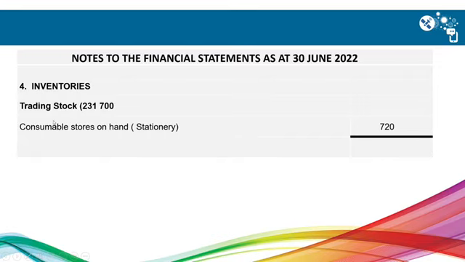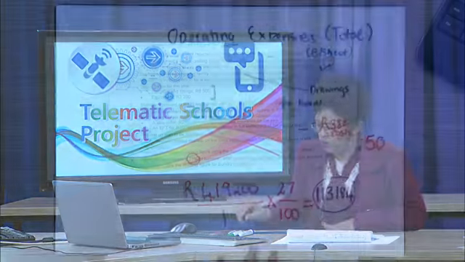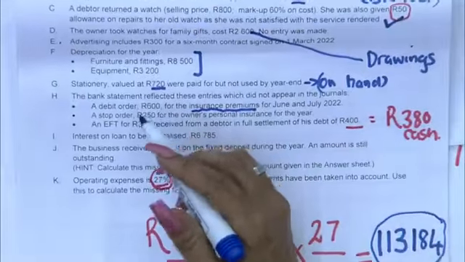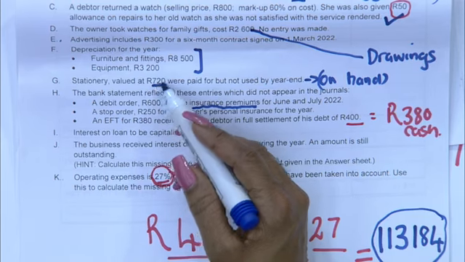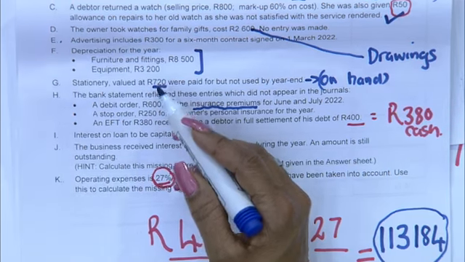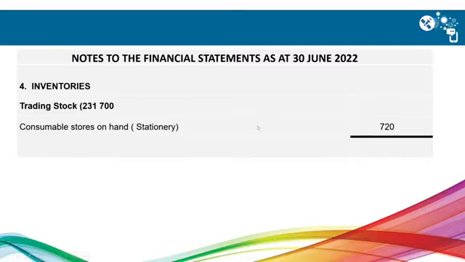Do you recall? I'm actually going to go back to my adjustments. Do you recall that we had, by G, an amount for stationery on hand of 720? So I've decided that I'm going to fill that in directly for you. It is an easy mark.